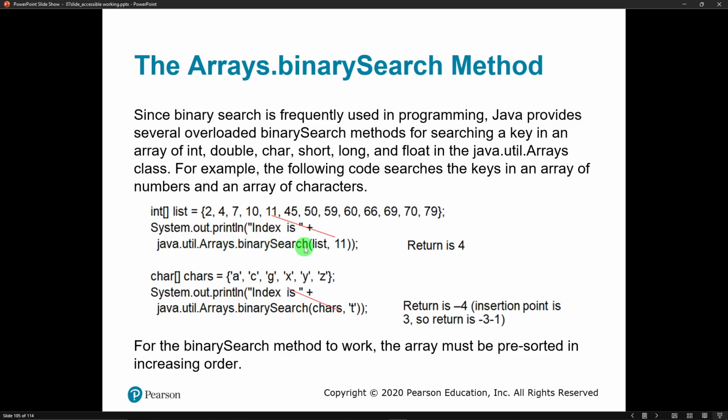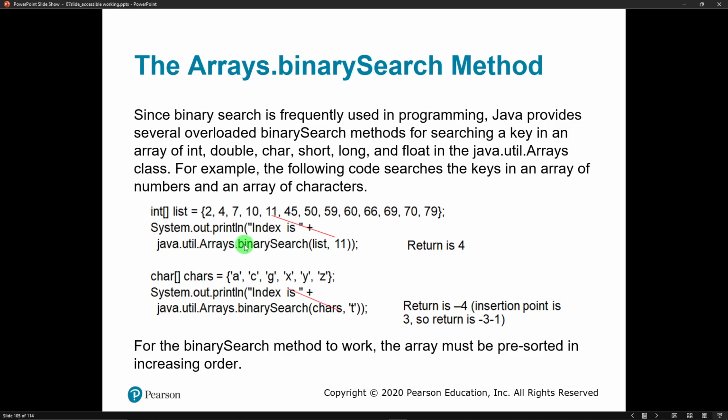Now, if I just wrote binarySearch, I'll probably get the option to automatically import java.util.Arrays. But I can use the fully qualified name to pull it up like this. So I'm calling the binarySearch, I'm passing it this list of ints, and I'm passing in the number that I'm looking for, just like when we did it in our code earlier. Except it's not calling our own method for binary search, it's calling the binarySearch that's built into the Arrays class.